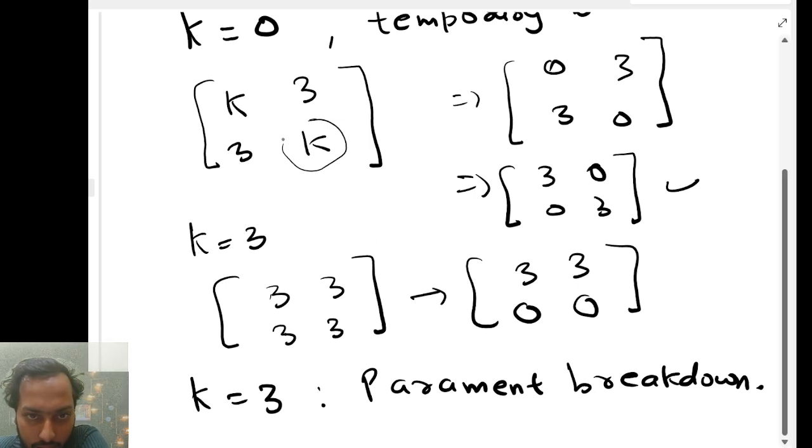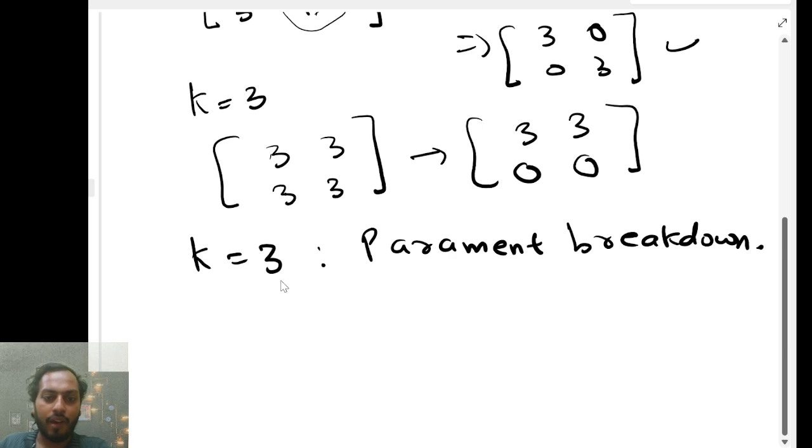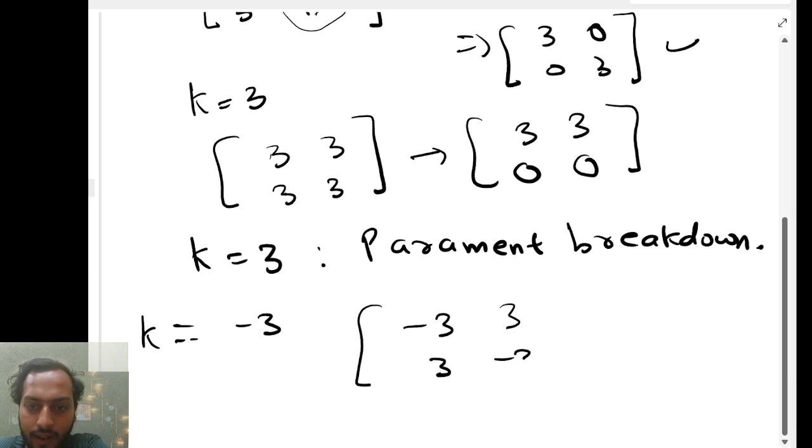Think about this, and it would be usual because whatever thing you choose here, the same thing will come here. Can I take minus 3 if you allow me? Because if I take minus 3, then again my matrix would be minus 3, 3, 3, minus 3.